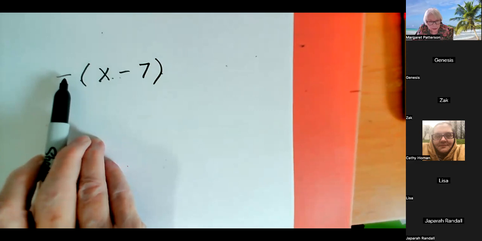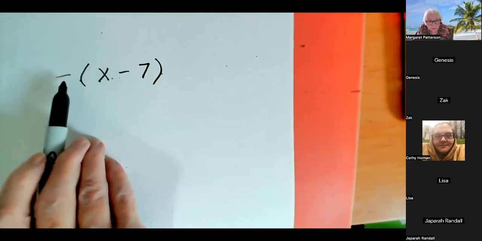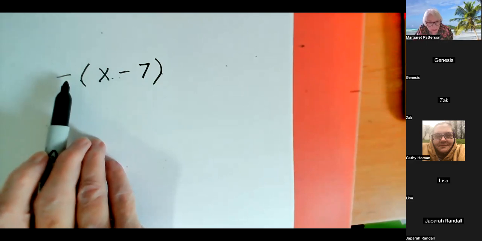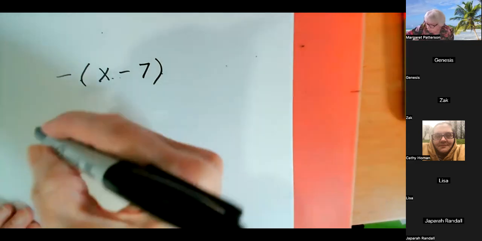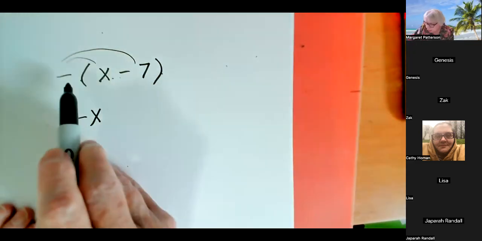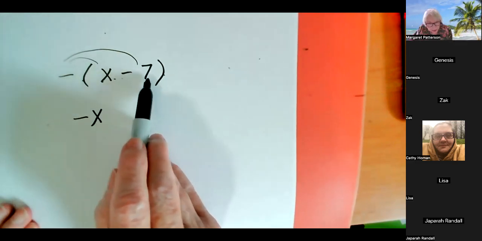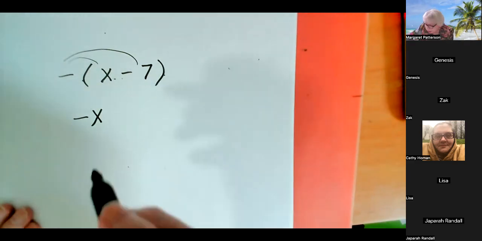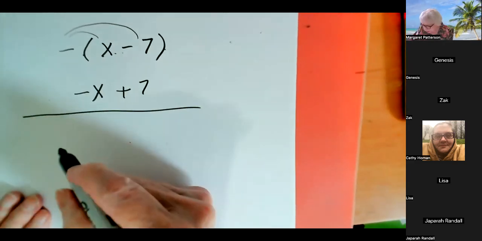One way is to say, I'm going to do the opposite. Now, that works. And so if you do the opposite of x it would be -x. And if you do the opposite of -7, that would be +7. That's one way to see it.